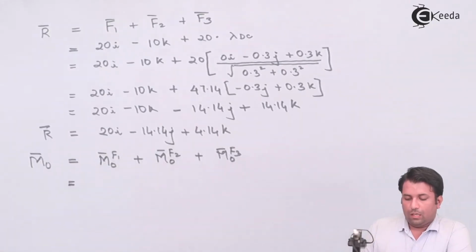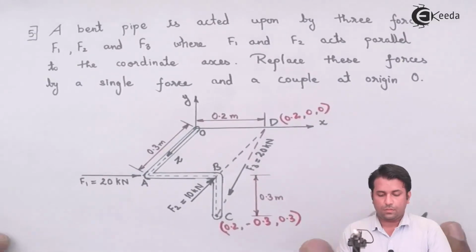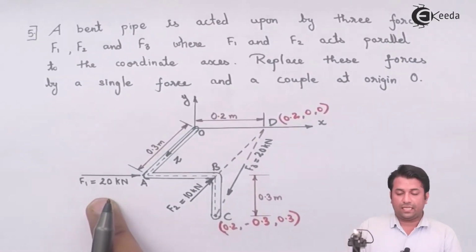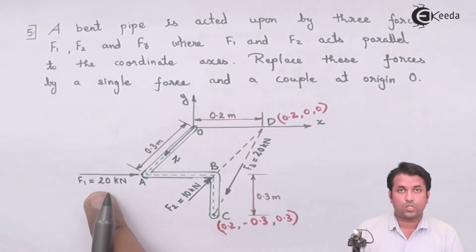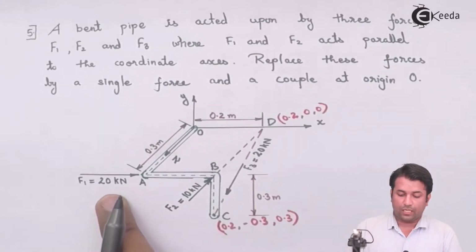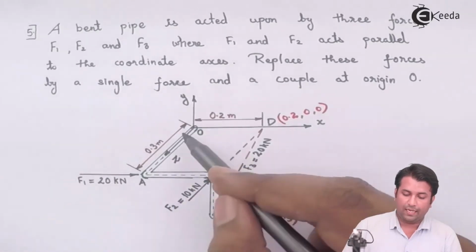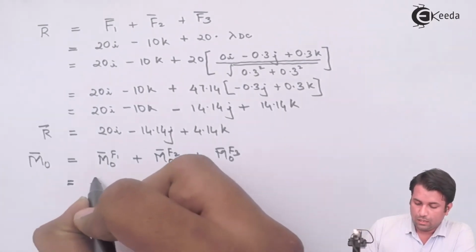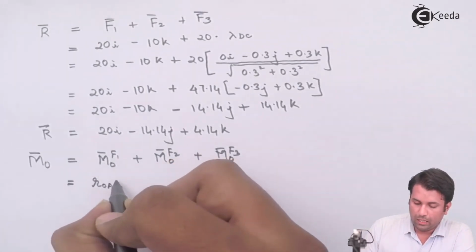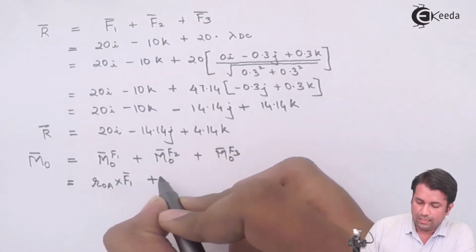The moment about O for force F1 will be nothing but the cross product of the position vector and the force vector. The position vector will be along OA, so I can write it as OA cross product force vector F1.